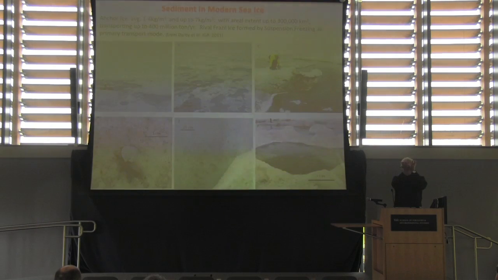Once that ice gets to the surface, it forms slush ice, which then forms pancake ice. And that shuts down the process, because then it shuts down the waves, it shuts down the circulation, and it's self-limiting. So suspension freezing can be a very important process, but it doesn't give you high concentrations of sediment. It gives you very low concentrations of sediment.